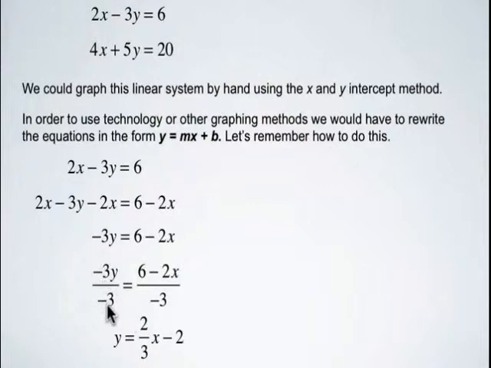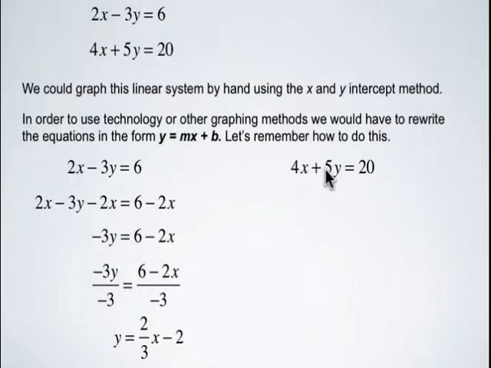And the -3's on the left-hand side will cancel each other out. -3 divided by -3 is 1, or 1y, or y equals. So the first equation in y equals mx plus b form is y equals 2 over 3x minus 2.